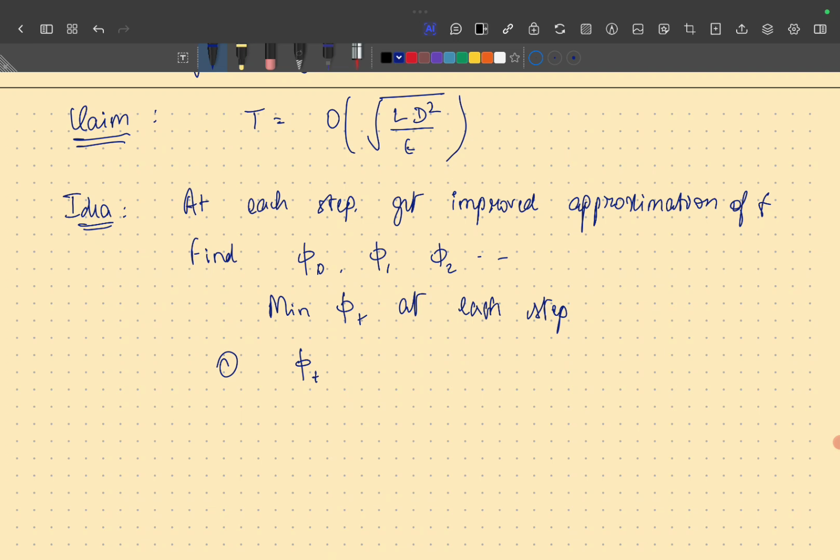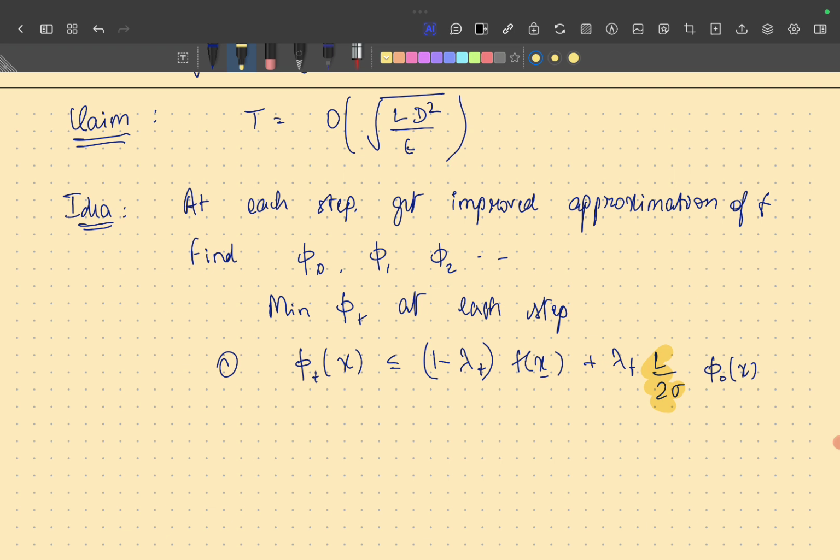So phi t of x should be less than or equal to (1 minus lambda t) times f of x plus lambda t times phi 0 of x. Let's ignore this quantity over here, L by 2 sigma. It's some constant.